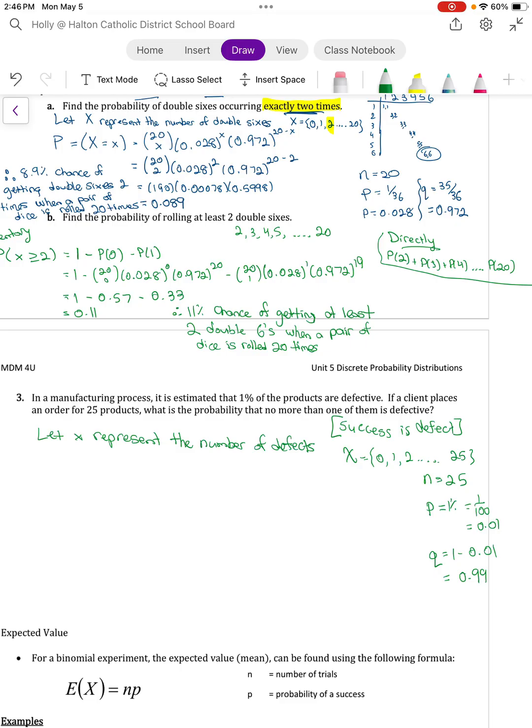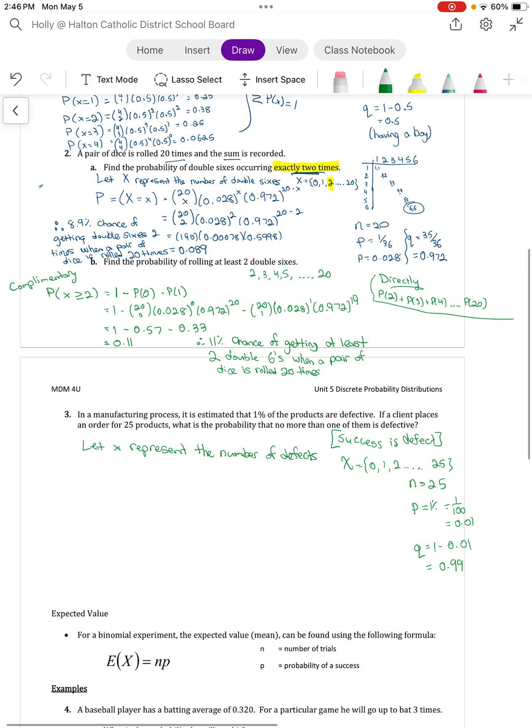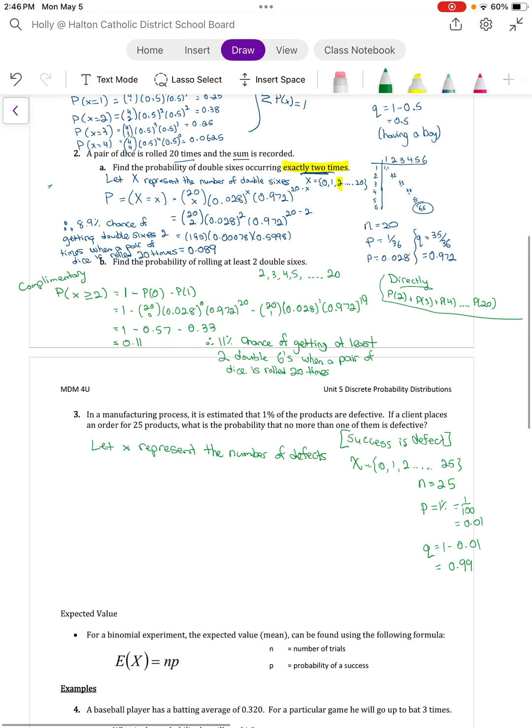So we can write our formula. Just before we write the formula, we're going to think, is this a binomial distribution? And yes, it is, because if you choose a product and it's defective, it's not going to change the overall outcome of the next product. So these are independent events. This is a binomial distribution.